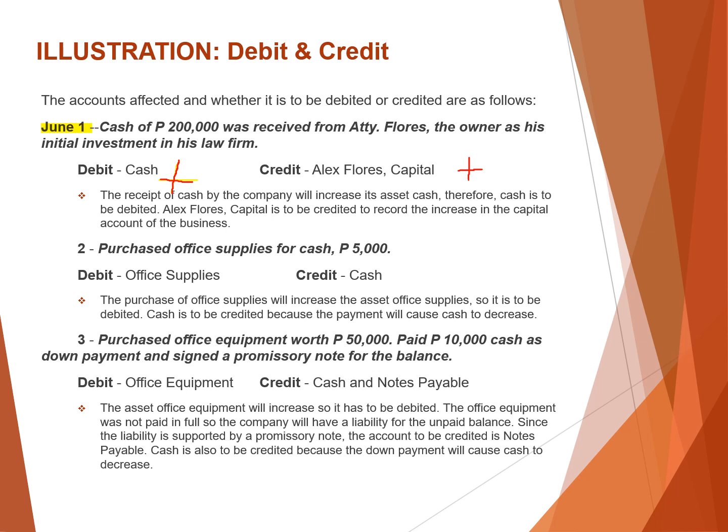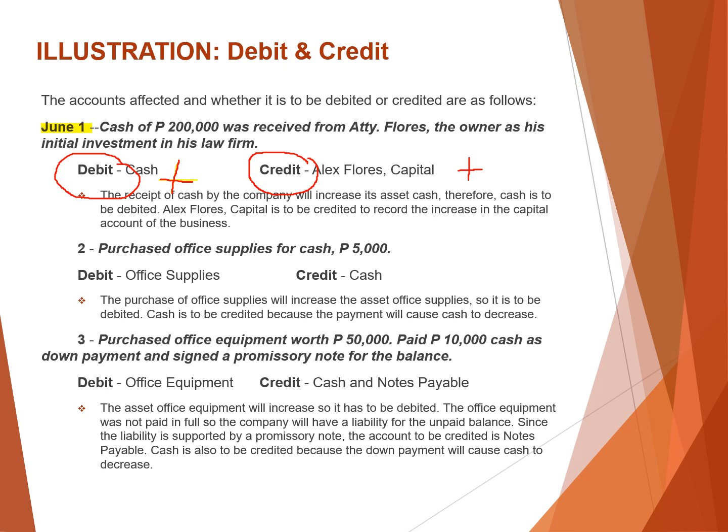That's why you can see here, ang debit natin ay cash. Okay? And also, according to rule, pag owner's equity ay nag-increase, saan siya? Sa credit. Here, nag-increase ang capital which is under owner's equity. So, that's why ang credit natin ay capital. So, nakita ninyo? Ito na. May entry na tayo. Debit, cash, credit, capital. Okay? So, that is the first illustration.